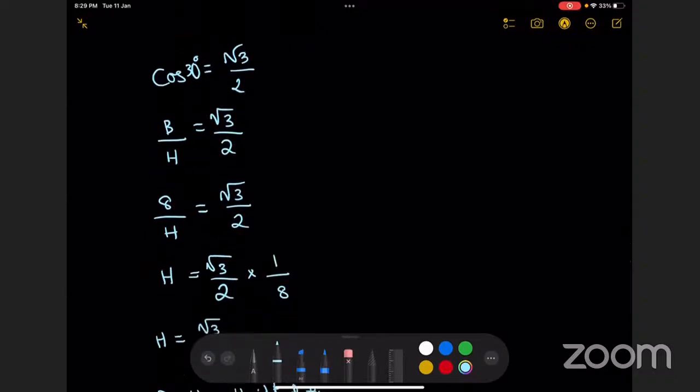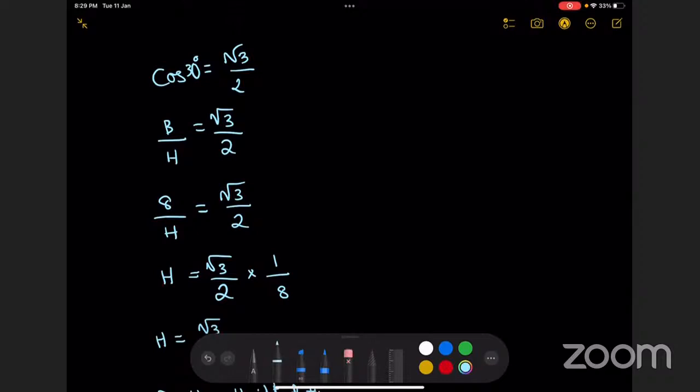Cos is root 3 upon 2, and then 8 by h equals root 3 upon 2. I'm not sure about it. Cos 30 is this, and that's correct.